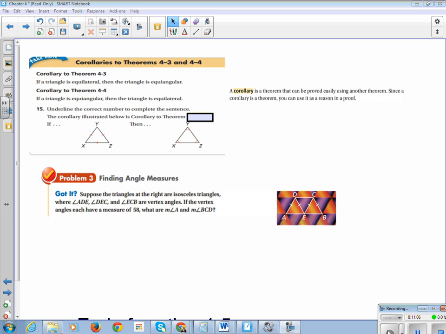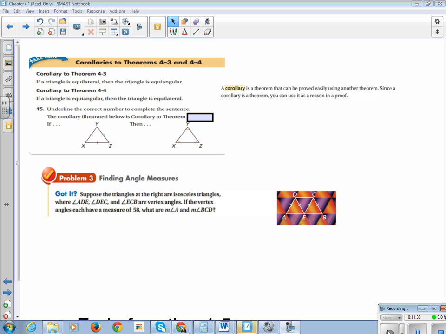All right, so a corollary is not what you have when your heart starts beating really fast. A corollary is a theorem that can be proved easily using another theorem. And since a corollary is a theorem, you can use it as a reason in a proof.